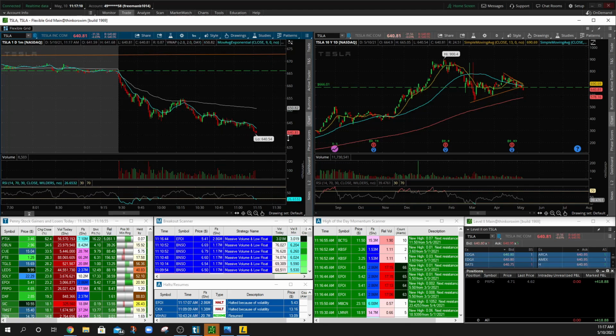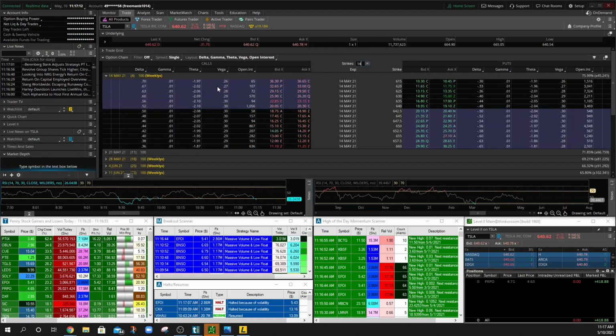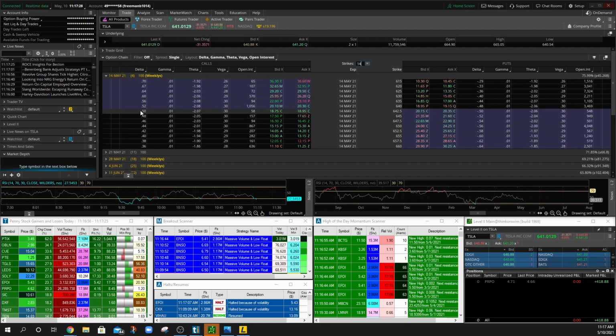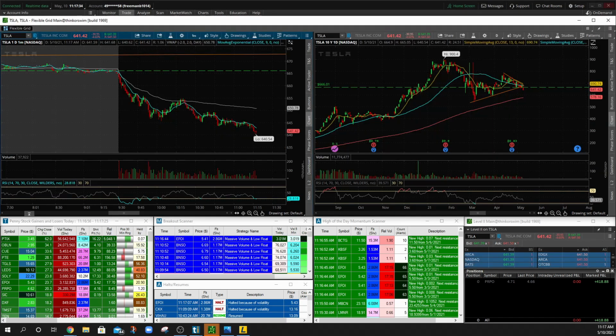If Tesla goes from 641 to 642, this option will most likely increase approximately $50 per contract because the delta is 0.50. So for every dollar Tesla goes up, or down, you will make or lose $50 per contract that you hold. Okay? So that's how you're going to determine what your risk may be.